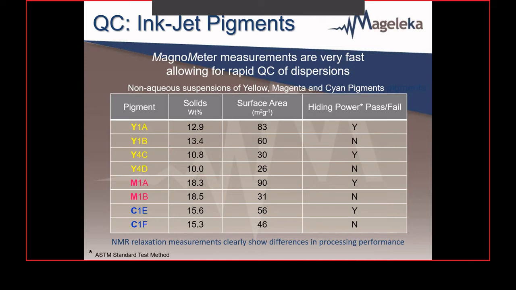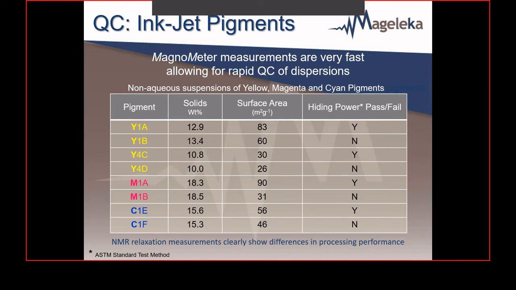Each suspension was then tested for hiding power using a procedure adapted from the American Society for Testing and Materials standard method for determining hiding power of paints. Basically, it's a draw down on the surface, and you can measure the intensity of the color on a standardized either white or black background. The data in the table summarize the surface area values calculated from the measurements.